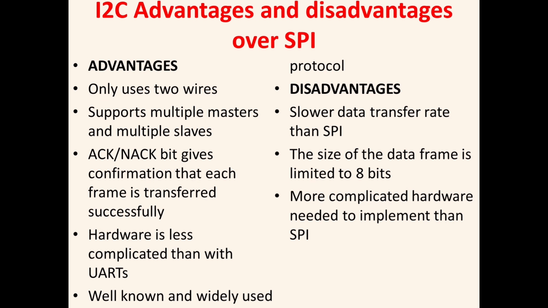Here again, I2C supports multiple masters with multiple slaves, so a multi configuration of slaves and masters can be established all together. The third advantage is the acknowledgement concept in the I2C protocol.